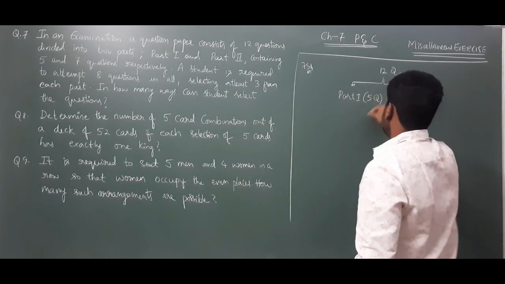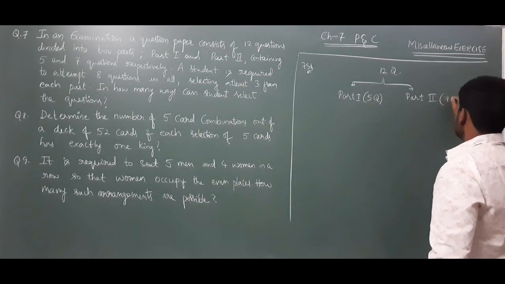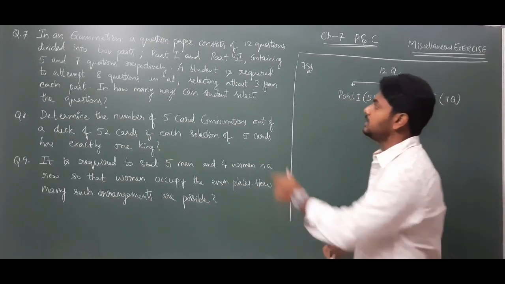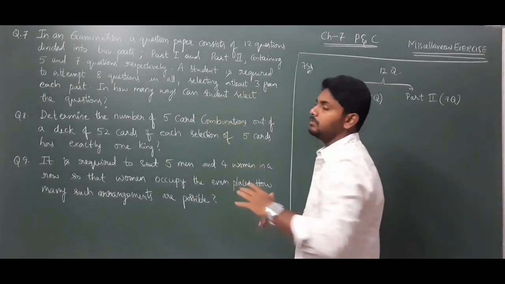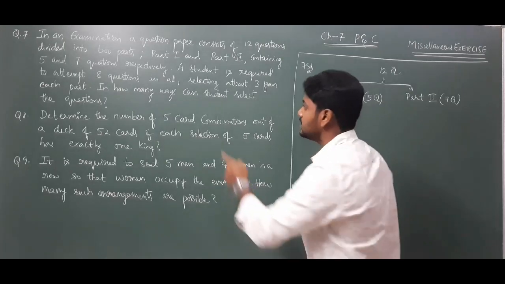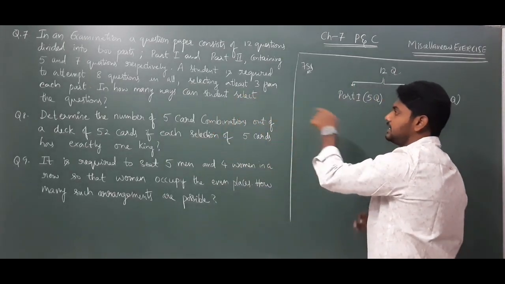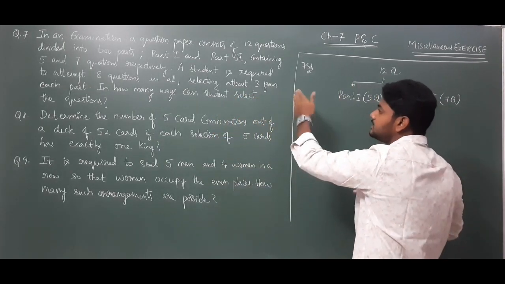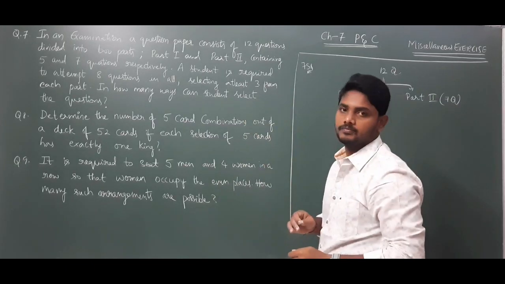Part 1 has 5 questions, part 2 has 7 questions. A student is required to attempt 8 questions in all, selecting at least 3 from each part.